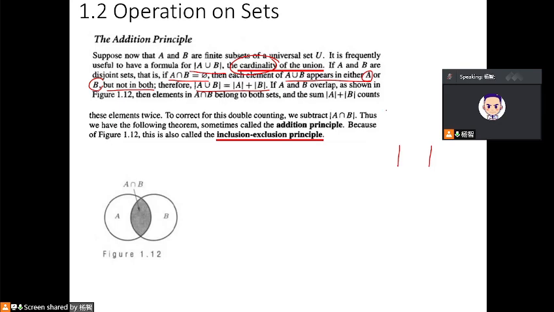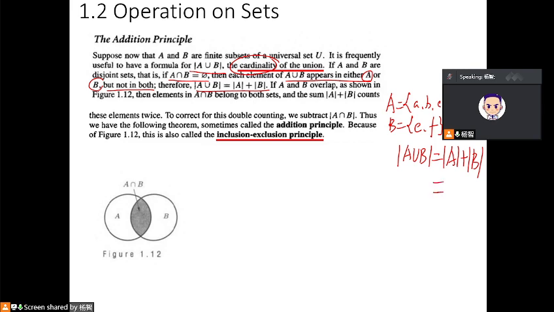Okay, let me give you an example. A equals {a, b, c}, and B equals {e, f}. So the cardinality of the union of A and B equals the cardinality of A plus the cardinality of B, because the intersection of A and B is empty.